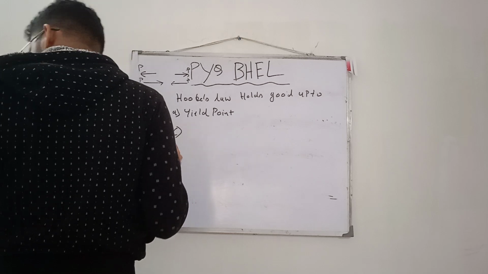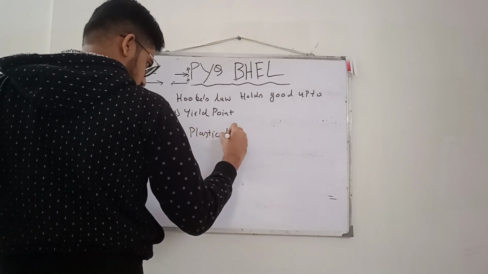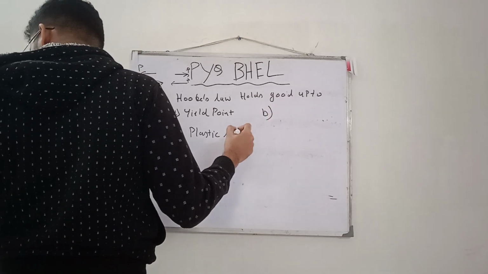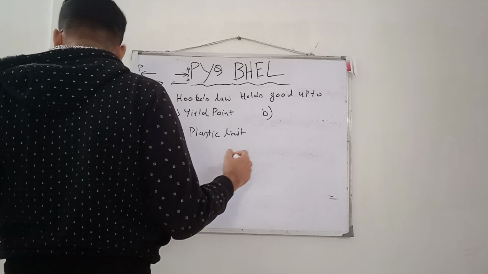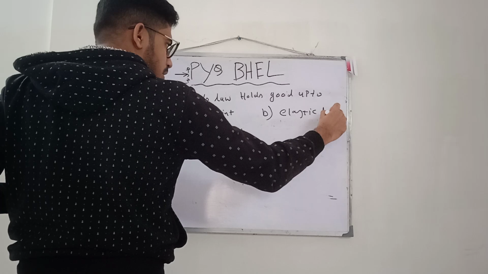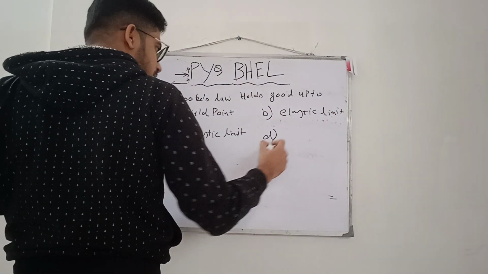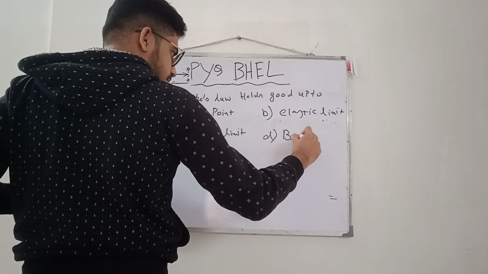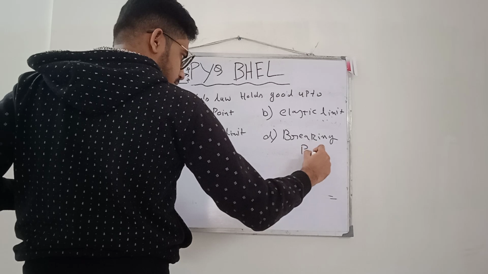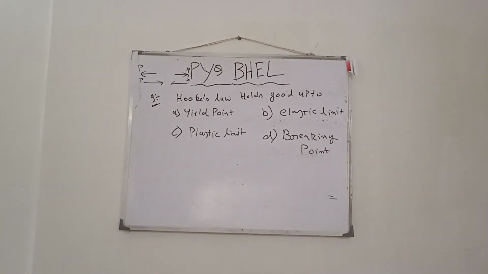B, elastic limit. C, plastic limit. D, breaking point. So note it down first.